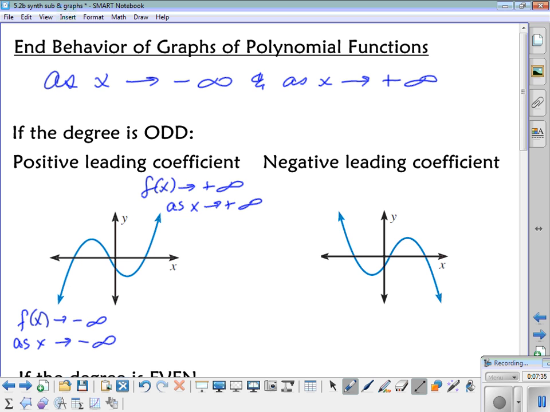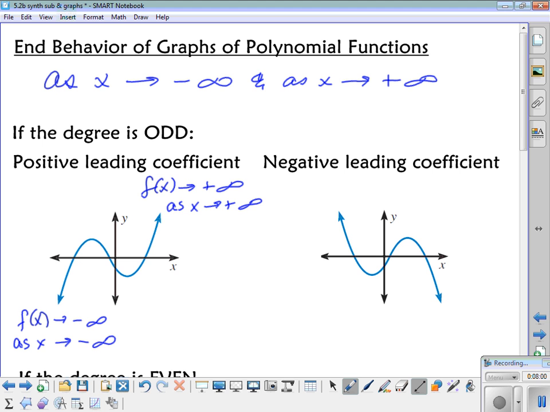If I raise a negative number, so say I have negative 3 to the third power, then it comes out to negative 27, right? So whenever we have odd powers, the negative numbers end up negative, the positive numbers end up positive, right? So that's why the graph goes this direction. On the negative side, everything ends up negative. On the positive side, everything ends up positive.